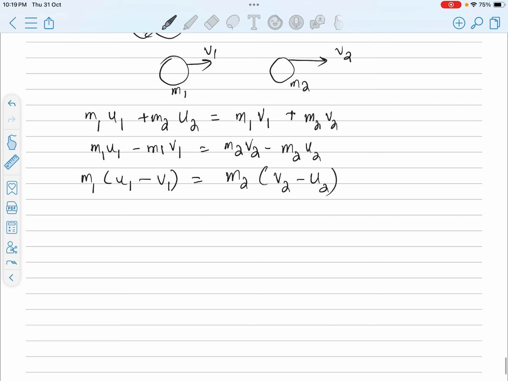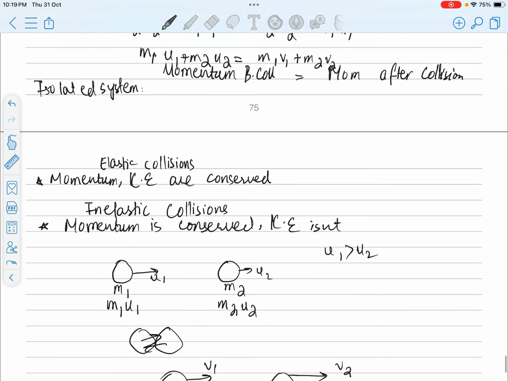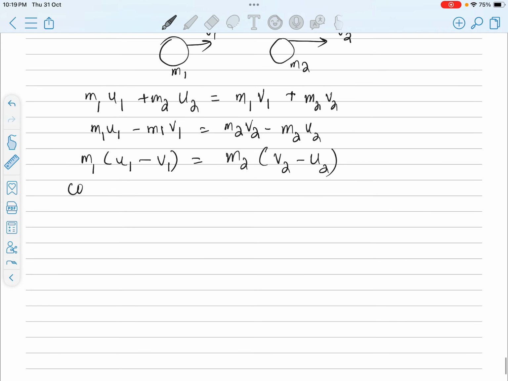Now since this is an elastic collision, the kinetic energy is also conserved. The formula of kinetic energy is 1/2 mv square.